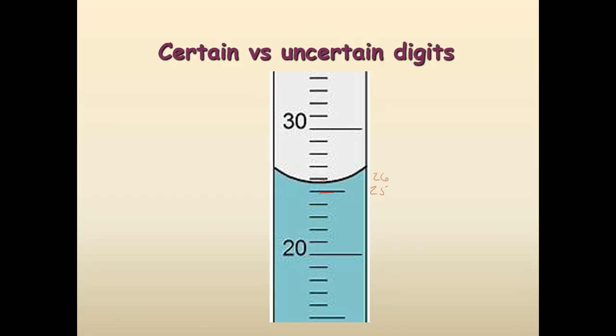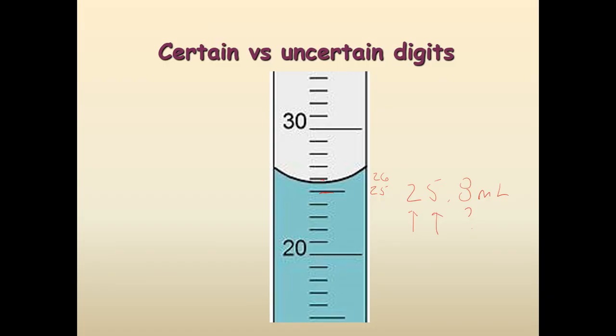And if I wanted to measure that, I'd look at where that meniscus is relative to those two lines, and I might say it's 25.8 mils. Okay, I am absolutely sure it's 25 point something, and I am estimating one more digit.